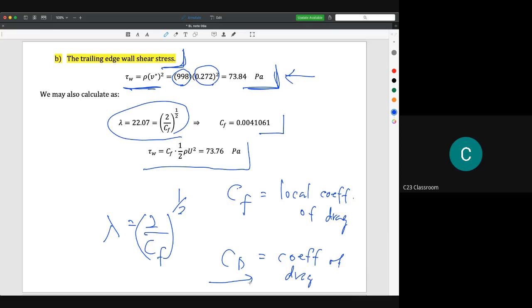The local means, if we have a plate here, the CF at a certain value of X. That's why in our equation here, we don't have any value of area, because the shear stress is not calculated for the whole area, but for one single point.